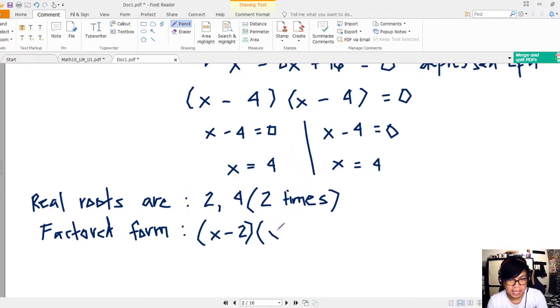Para ma-factor talaga siya, hindi na natin kailangan ulitin si x minus 4. Instead, we can write squared here that signify dalawang ulit. So this one is the factored form of our given polynomial equation. So x minus 2 times the square of x minus 4 is equal to 0.